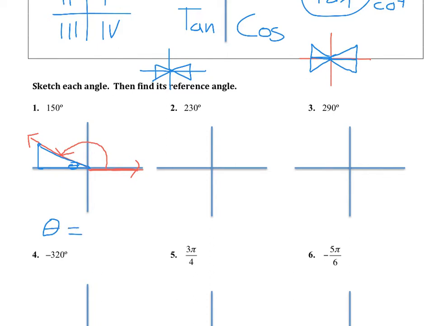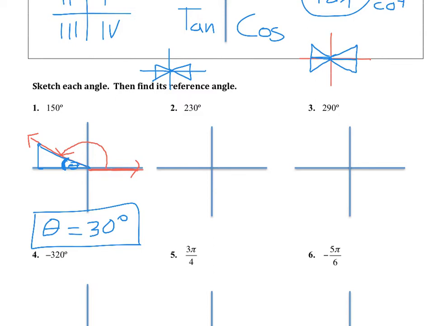So in this case, we know we went 150 degrees. If we went all the way to the x-axis, it would have been 180. So it looks like we needed 30 degrees more. So the reference angle is 30 degrees for this problem.